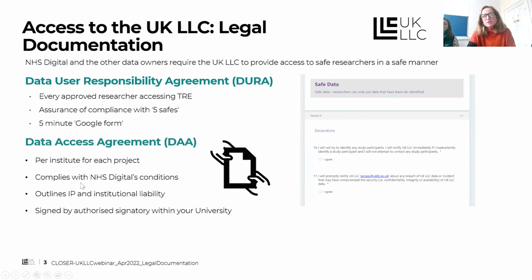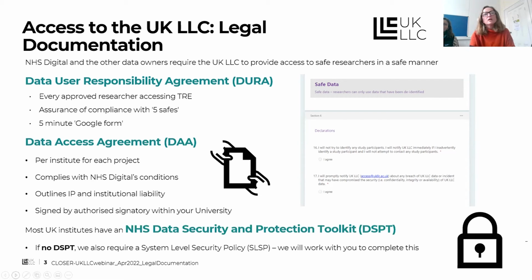This provides us reassurance that your organisation will comply with NHS Digital's conditions. It outlines things like intellectual property and institutional liability, and it's signed by an authorised signatory within your university. This could be somebody within your contracts department or your finance department, or possibly a head of department.